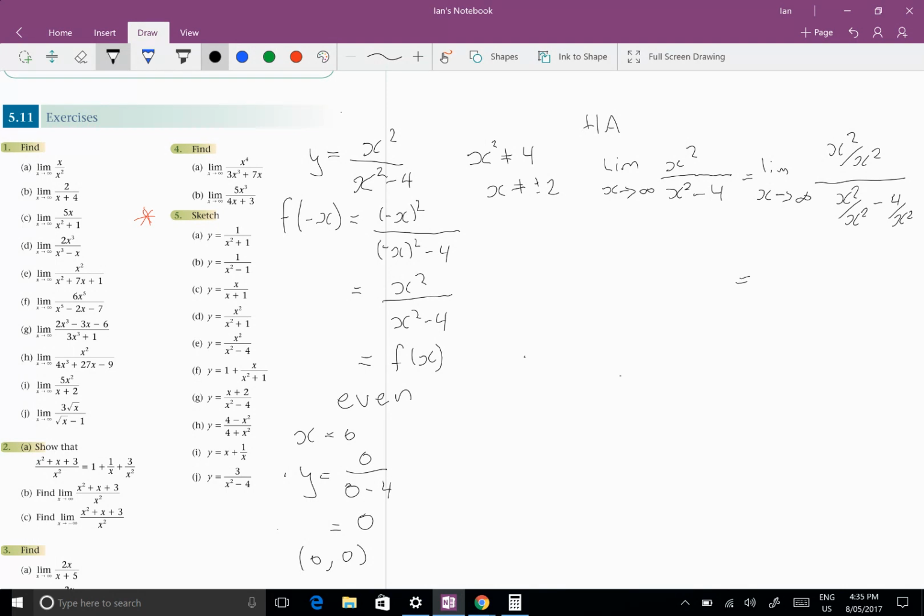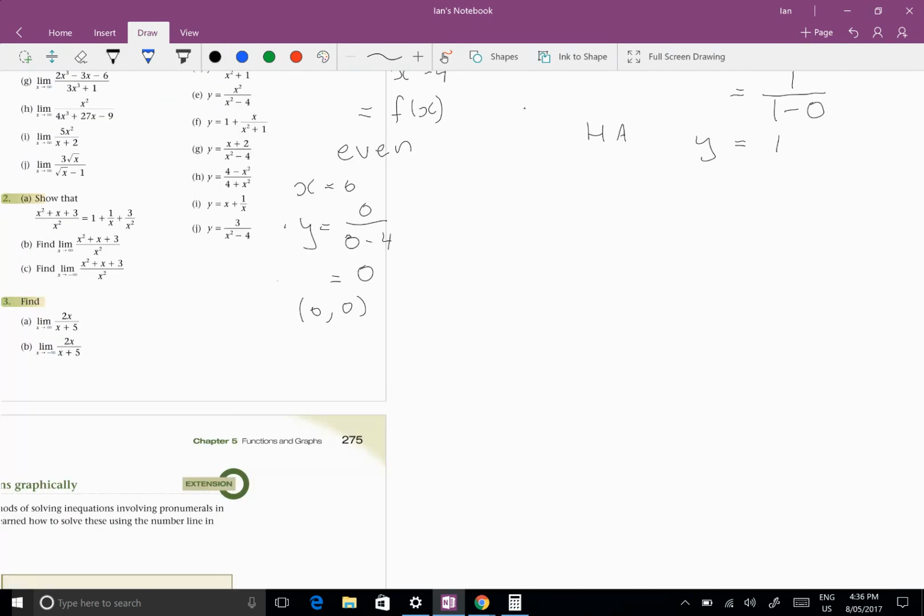And that'll give me the limit of 1 on 1 minus 4 on x squared as x approaches infinity, which means I'm going to get 1 on 1, as 4 on infinity approaches 0. So I have a horizontal asymptote at y equals 1.